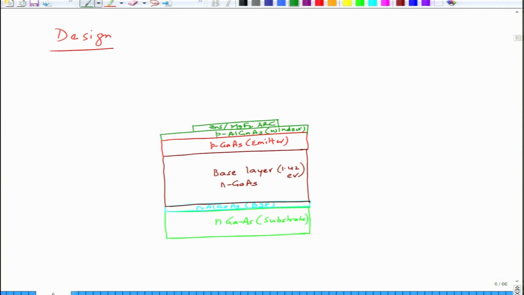So, you can say it is ARC, and then we have a little bit heavily doped region. You can say on these sides we have heavily doped region of, let us say, P plus, okay, P plus gallium arsenide.